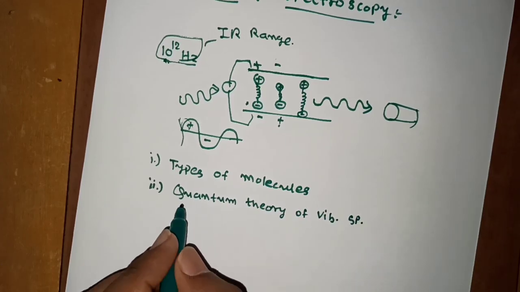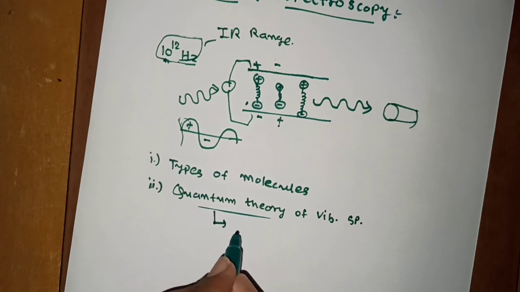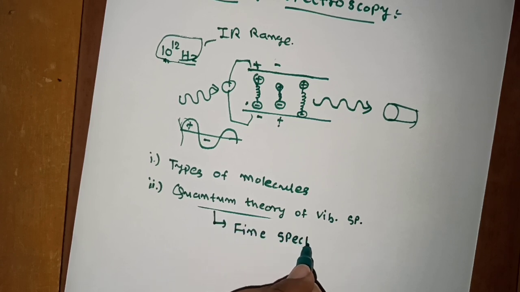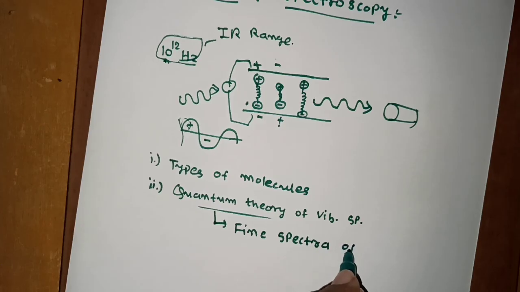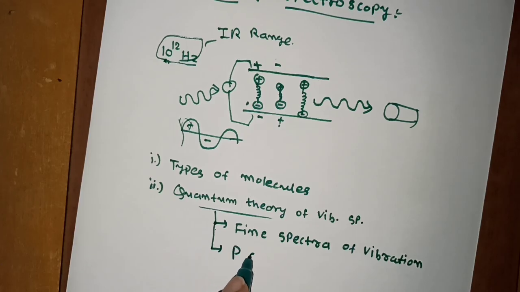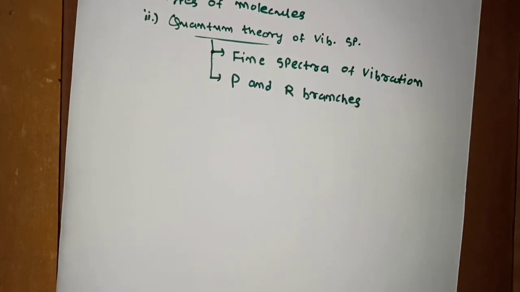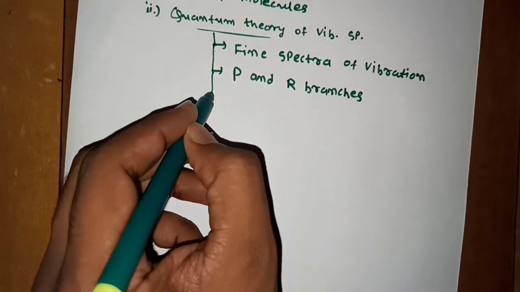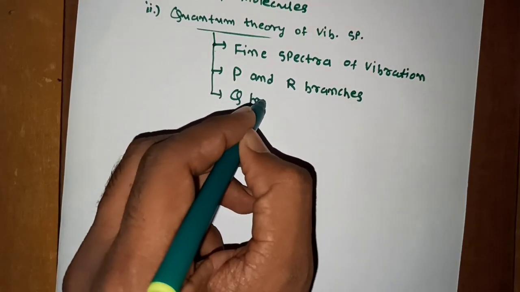In this quantum theory, I will discuss three topics: the first one is fine spectra of vibration, then the second one is P and R branches, then the third one is Q branch.